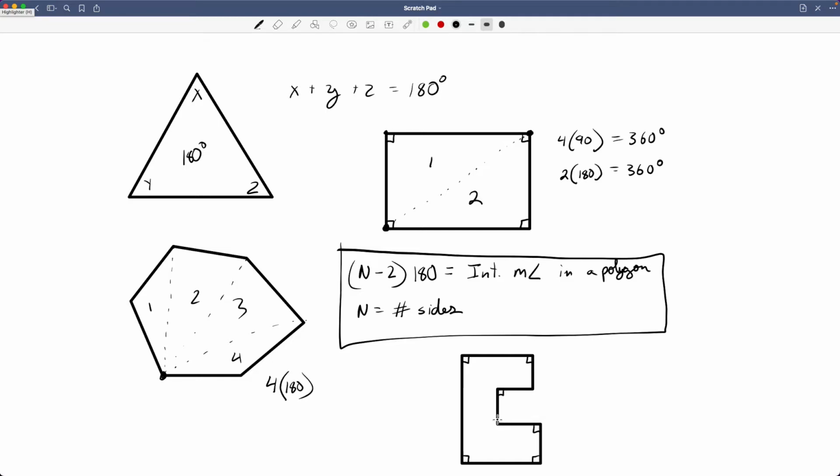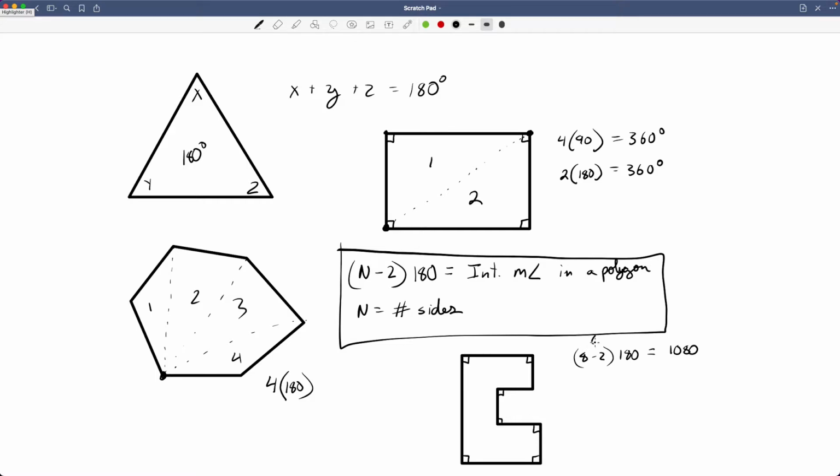This is 90 degrees and this is 90 degrees, but these are exterior angles. So let's see, how many sides do I have? I have 1, 2, 3, 4, 5, 6, 7, 8 sides. So 8 minus 2 times 180, that's going to give us 1080, I believe.